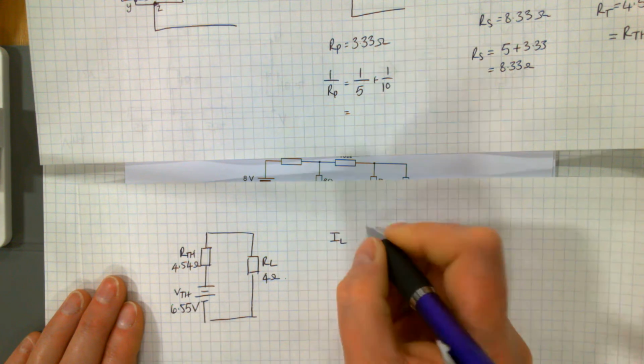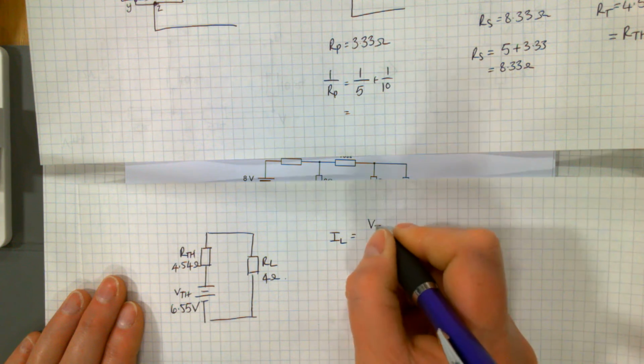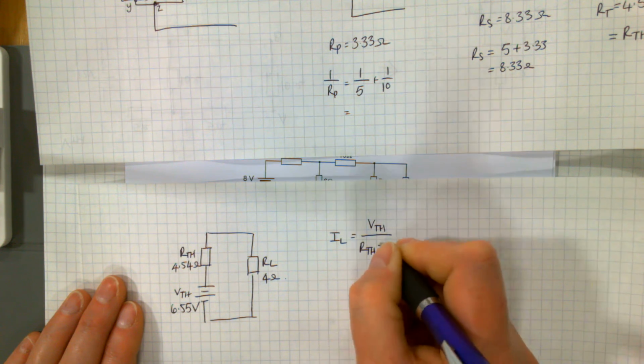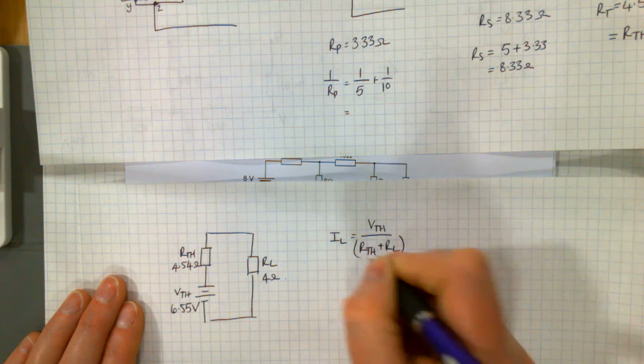So if you wanted to get the current, V over RT, you do it that way.